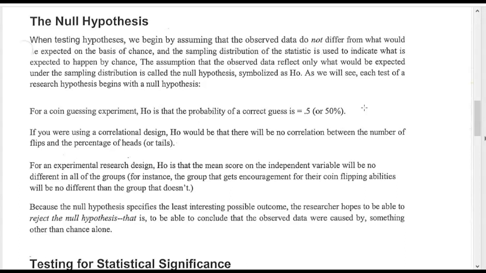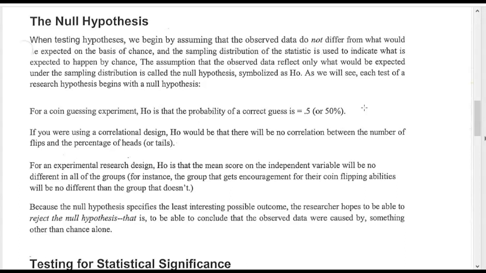But the first confusing part is that's not usually what you're reporting in your paper. Usually what you're assuming is that there is a difference, or that two things are significantly related, or that there will be a difference before and after something, statistically significant, that is. Is there ever a time that a researcher predicts no difference?